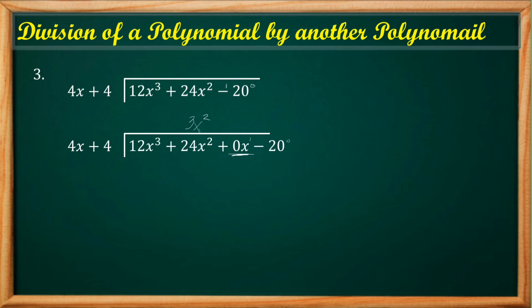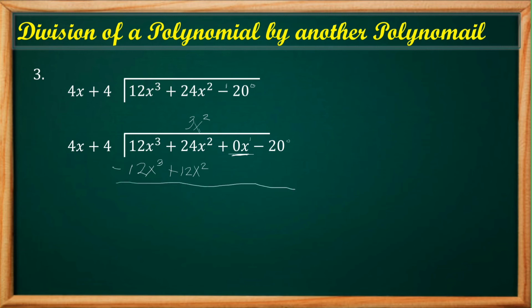Then, 3 times 4 is 12. X squared times x is x cubed. Okay, applying tayo dito ng laws of exponent, ng multiplication at saka division. Okay, next, we'll have 3 times 4 is positive 12. Then, x squared.